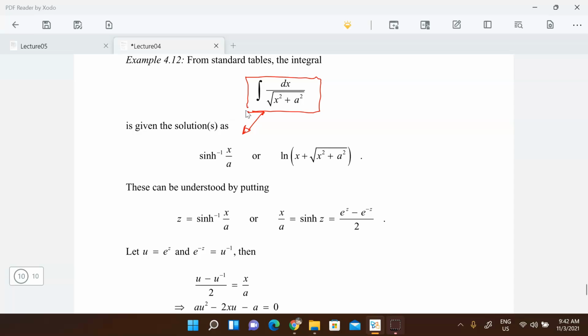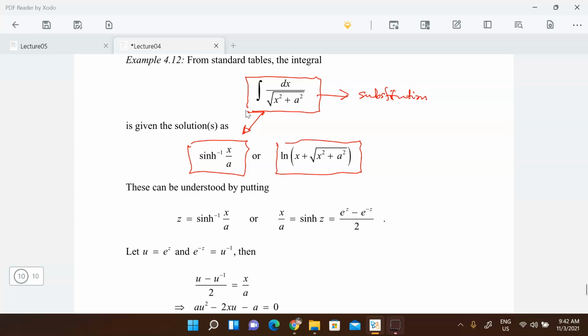This integral is equivalent to that, and that essentially uses some substitution method. You probably have to look up some old calculus material, but you can also see from the standard tables that this is written in terms of that.